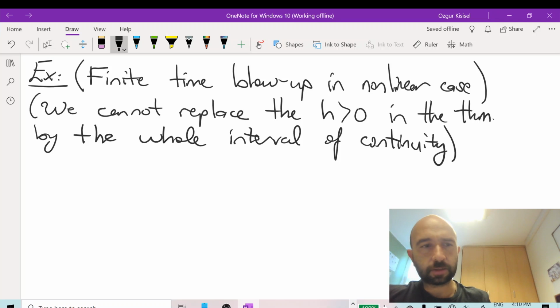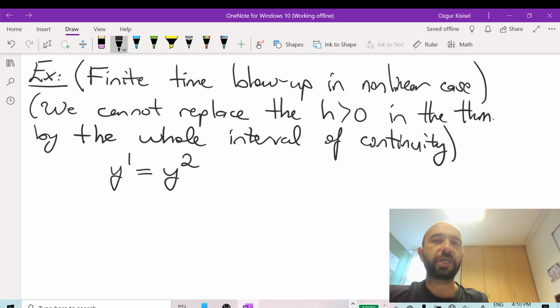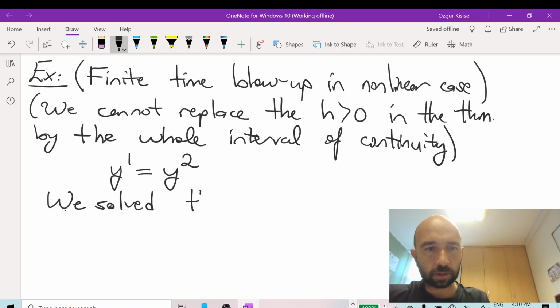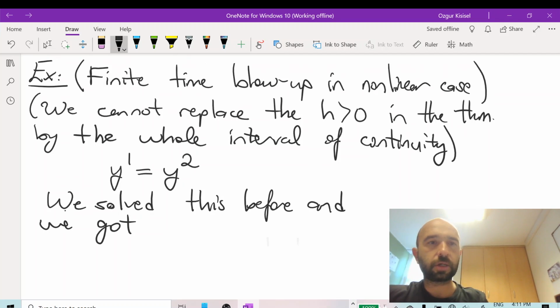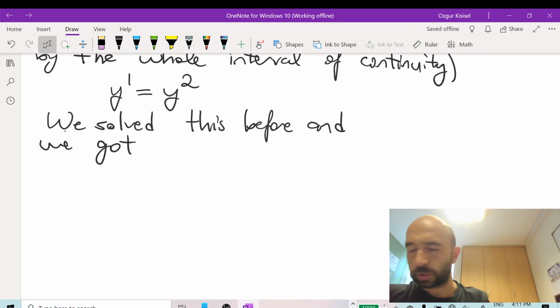Okay, again, I'll look at y prime equals y squared, which we looked at in the beginning of this lecture. Now we solved this before, and we got the following solutions.